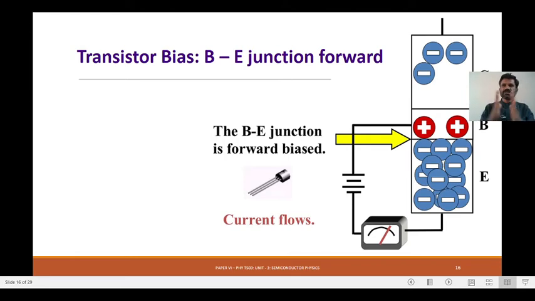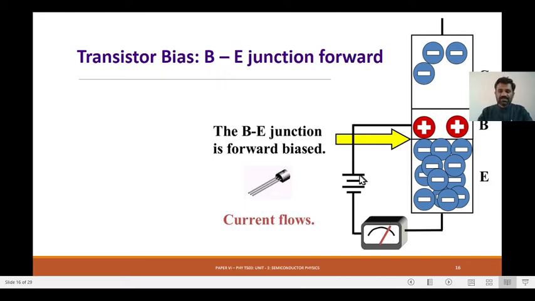The larger the width of depletion, the larger the resistance. The smaller the width of the depletion region, the lesser the resistance for the flow of current. Because of less resistance, the current flow is large, hence the ammeter reads a very huge current. The current will be very large, and this is because of forward biasing of a junction.